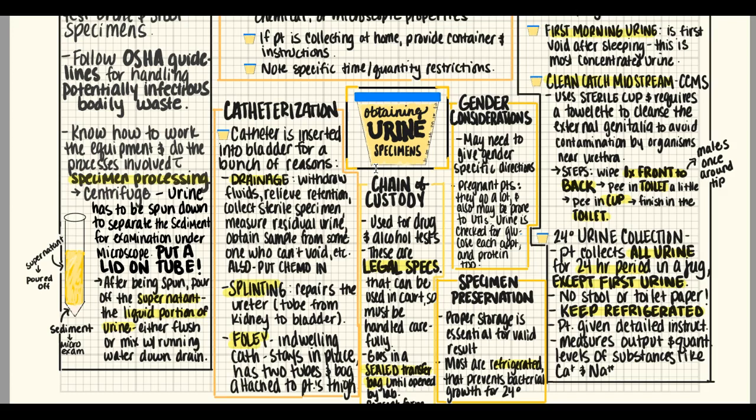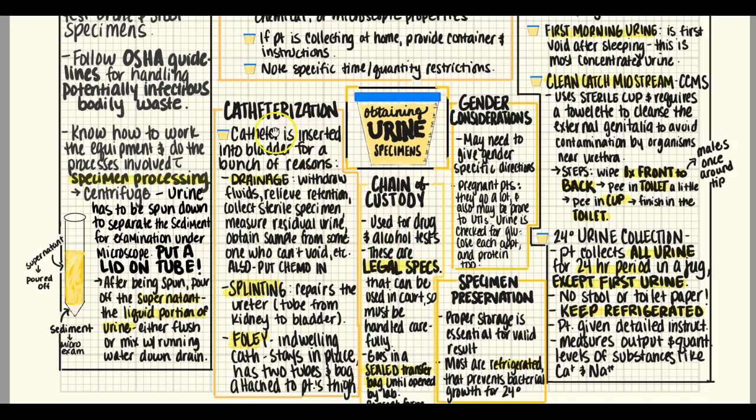It just depends on how much water they drink and what their kidney function's like. So you have to write down the volume of those two jugs, or of the jug, when they return it the next morning. And out of all of the volume, you only end up taking a small amount that is actually tested. So it's kind of crazy.